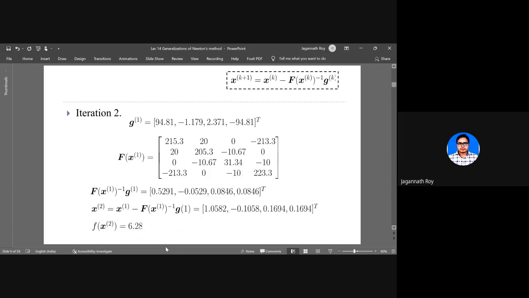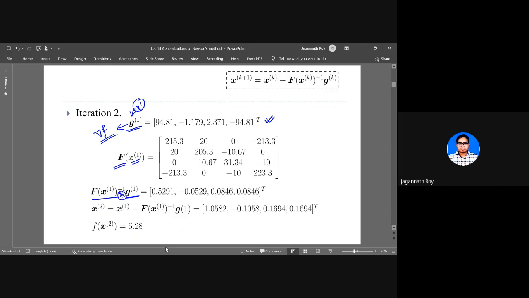Okay. We'll repeat the process, because the gradient of f we have already calculated. At x1, we'll evaluate the gradient. Similarly, we'll evaluate the Hessian matrix at the x1 point, and then find the inverse, and we multiply with g1, and finally we do the matrix multiplication.